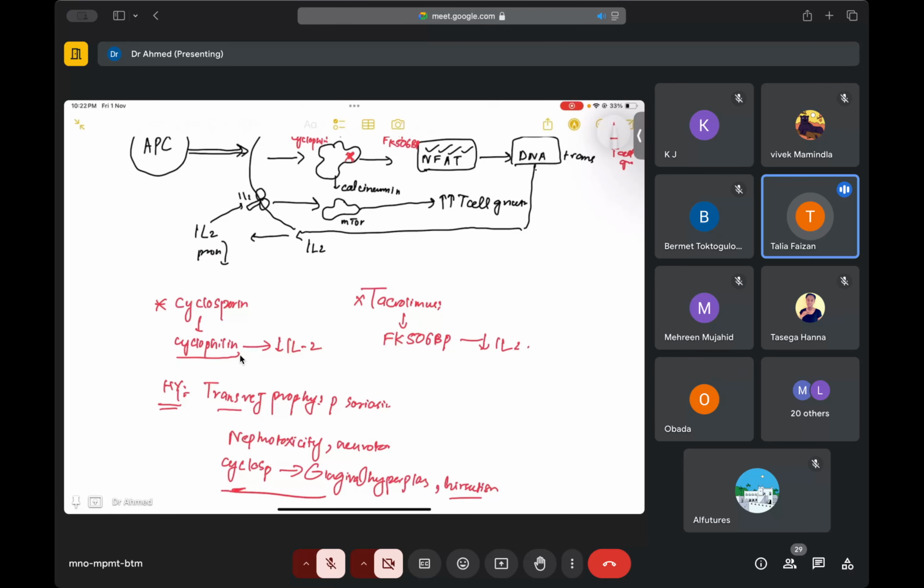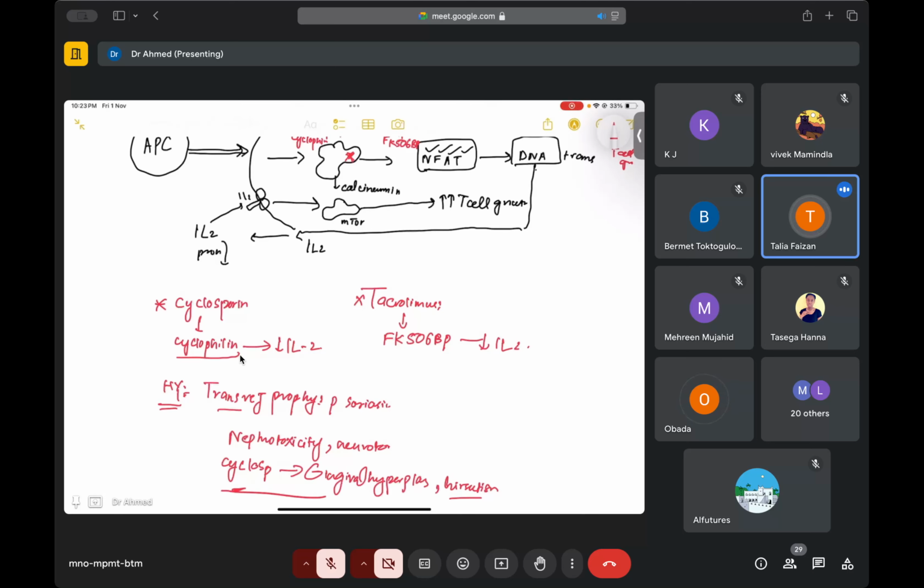We are talking about immunosuppressant drugs, and they are given in conditions like transplant rejection and autoimmune diseases, where the immune system destroys our own system. Their mechanism of action is that antigen presenting cells present themselves through MHC class 2 proteins, and then they activate CD4 T cells.